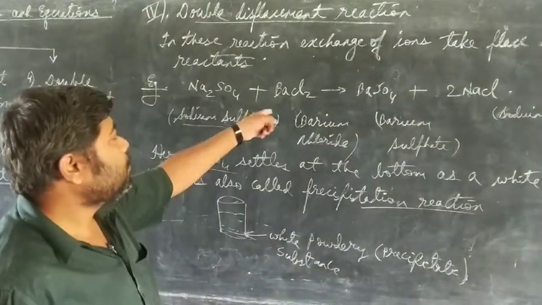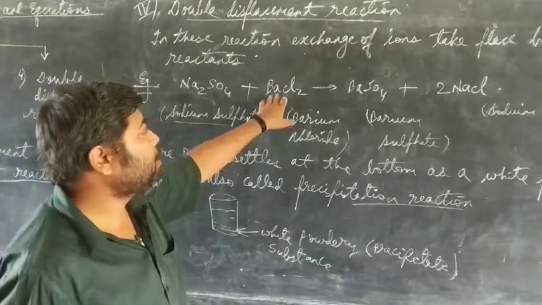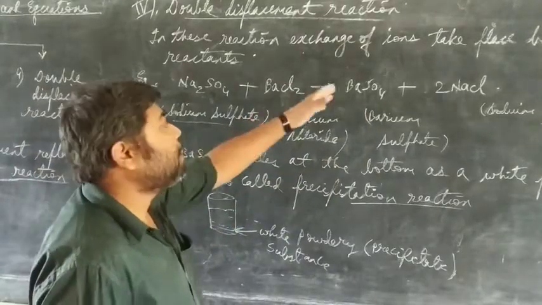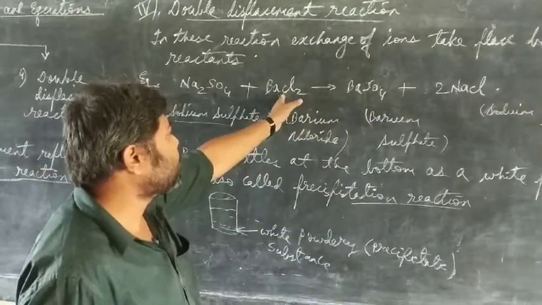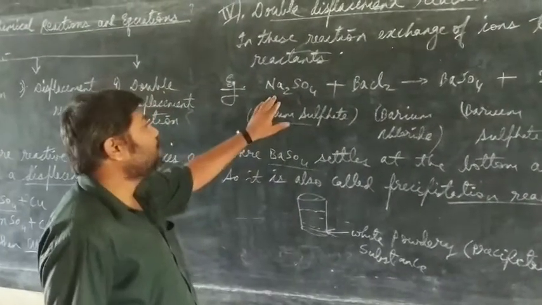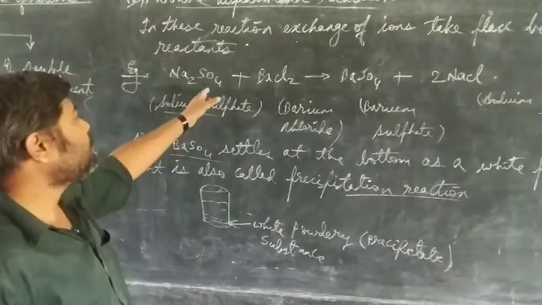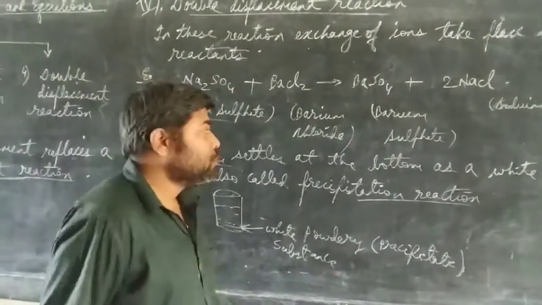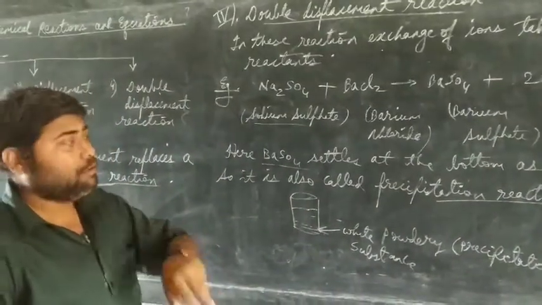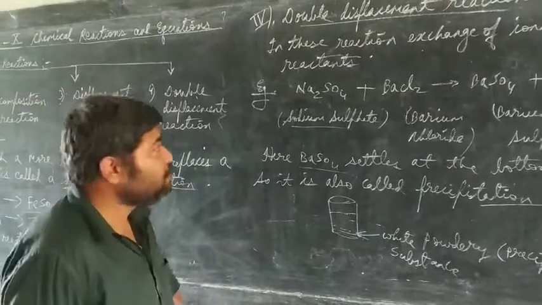And chlorine left barium and has reacted with sodium. So sodium went with chlorine and sulfate went with barium. So there are two reactants which have exchanged their ions. Hence, this is a double displacement reaction.